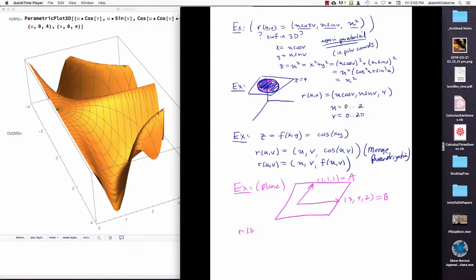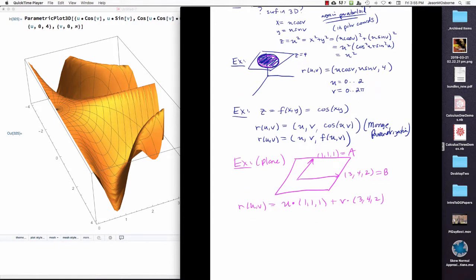Well, you can write r of u comma v as u times the vector 1, 1, 1 plus v times the vector b, which is 3, 4, 2. And so you would get u plus 3v, u plus 4v, u plus 2v. And u and v here represent steps in, say, the u direction, and v represents steps in the v direction.